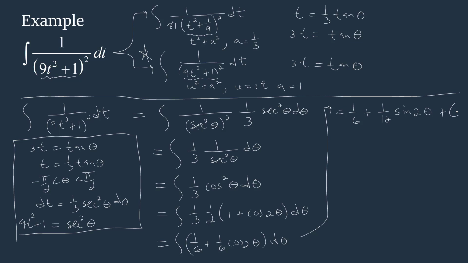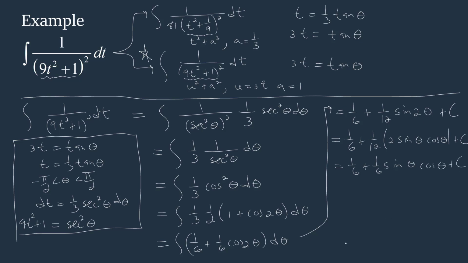In this case, I have to get rid of that sine of 2 theta. I recall, then, that the sine of 2 theta is 2 times the sine of theta times the cosine of theta, and then we have our plus c. So that is 1/6 theta plus 1/6 the sine of theta, the cosine of theta plus c.